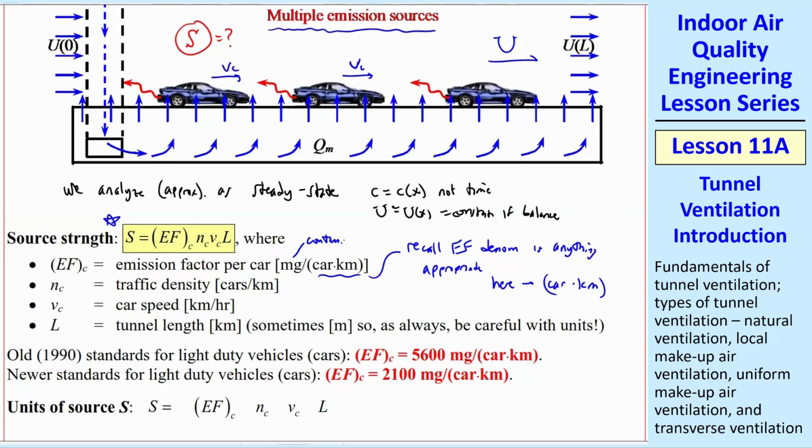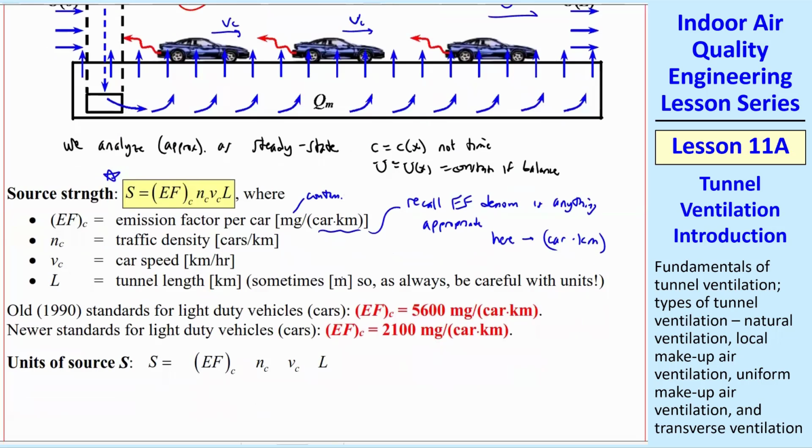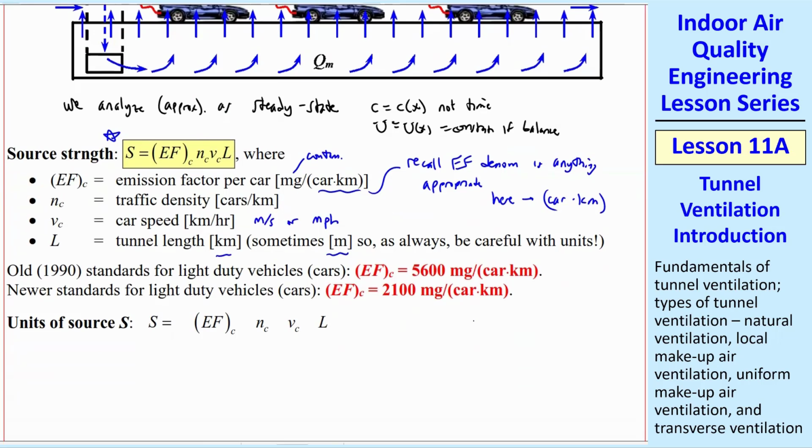NC is the traffic density, so the number of cars per kilometer. VC is the car speed, as I already said, and then L is the tunnel length, sometimes given in meters, sometimes kilometers. And VC is often in meters per second or miles per hour, so you always are conscious of units.